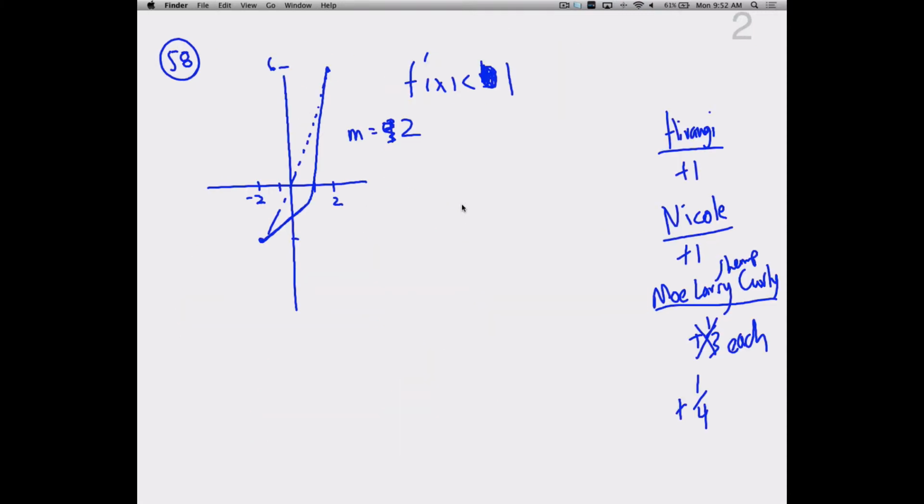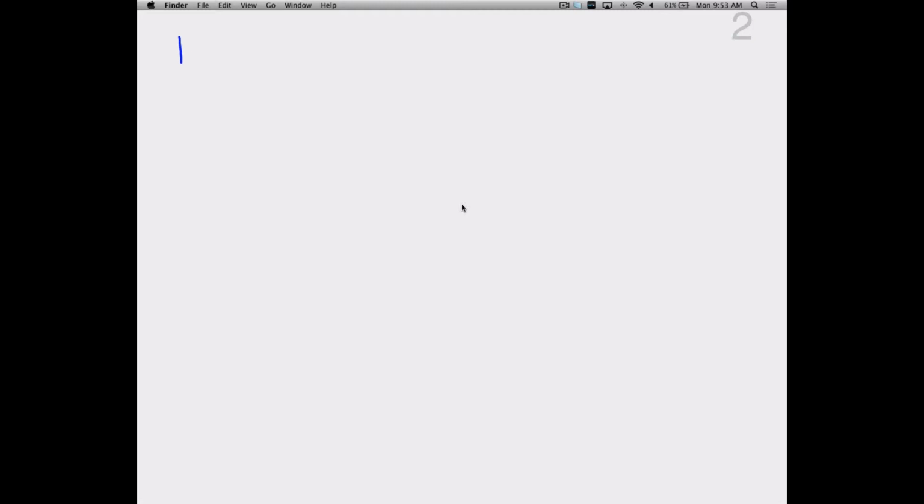Or some calculus. Is that an L or a C? That's an L. Okay. Why would that be a C? It's kind of curved. Have you seen your own handwriting?